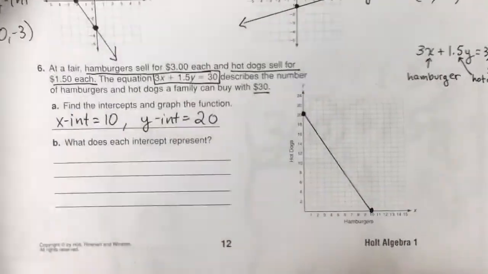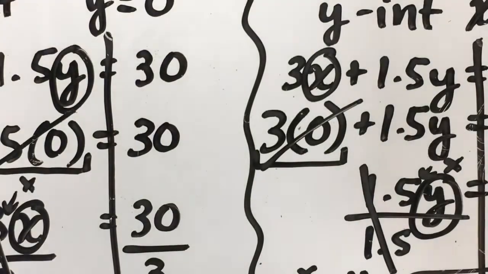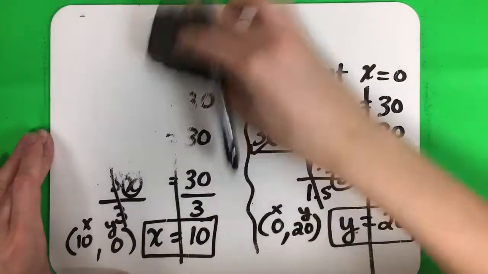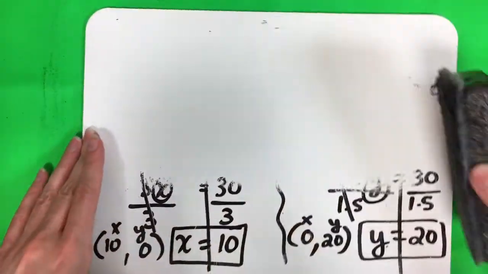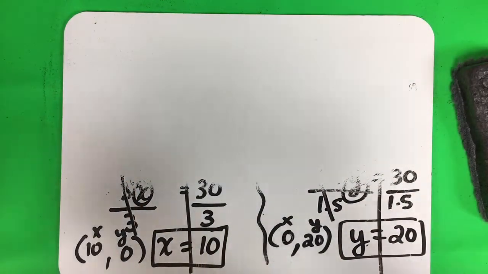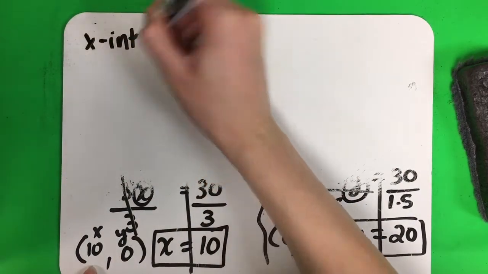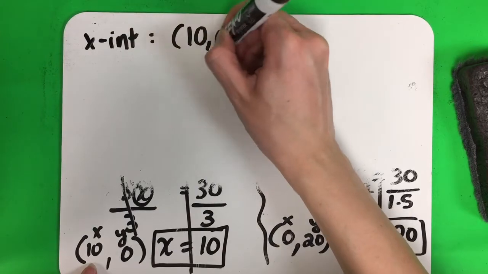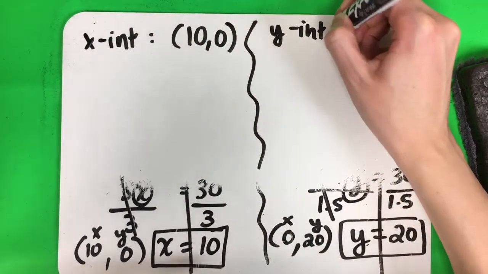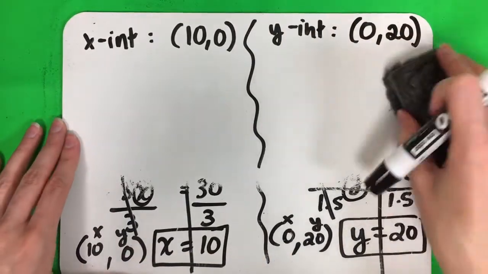Okay, so let me talk to you about a few things. Let me erase this work here. We want to know what it represents. So basically our answers, and I'll copy them. Our x-intercept, I'll put the ordered pair, was 10, 0. And my y-intercept was 0, 20.